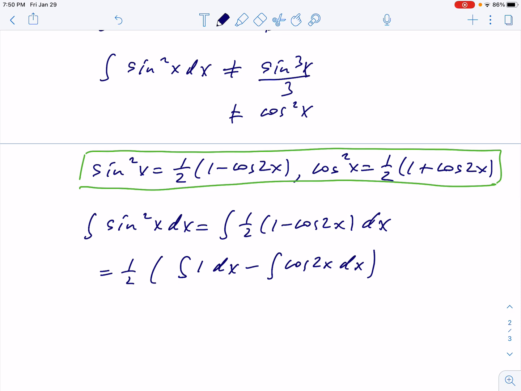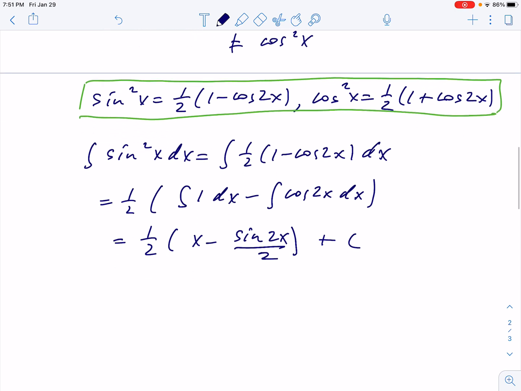Integrating the constant 1, you get x. It's 1/2 x minus, remember how to integrate the cosine? We do sine 2x over 2. And at the very end, plus c. We can distribute 1/2. This will be x over 2 minus sine 2x over 4 plus c. That's the integration of sine squared x.